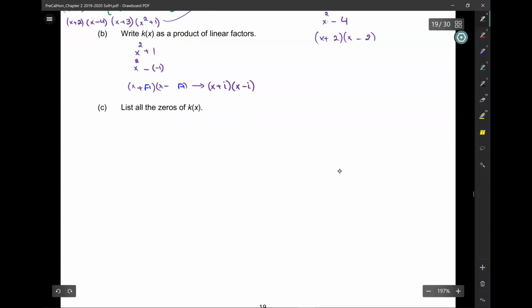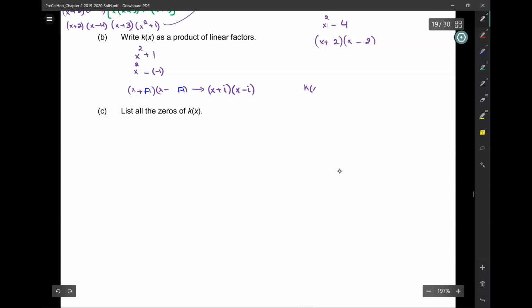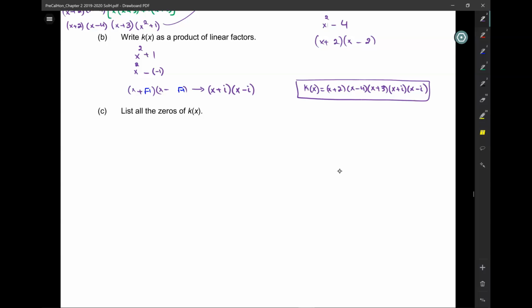So finally, k of x is, from before, x plus 2, x minus 4, x plus 3, and then x plus i, x minus i. You see that? What was the degree? 5. That means it has to have 5 linear factors. Count them. 1, 2, 3, 4, 5.